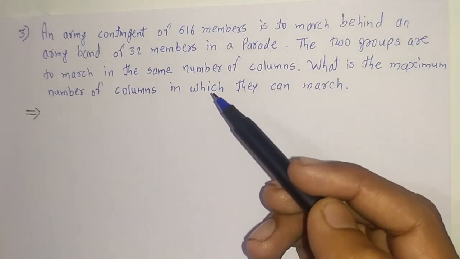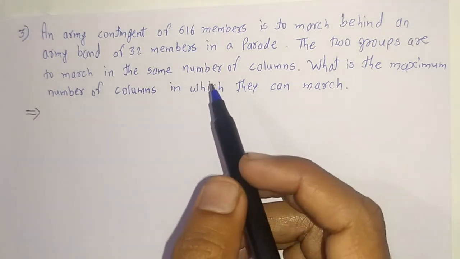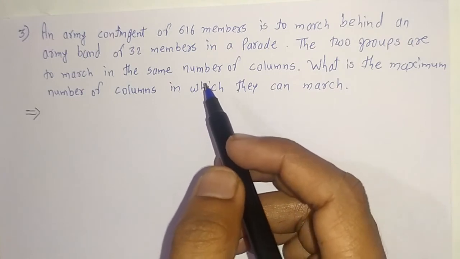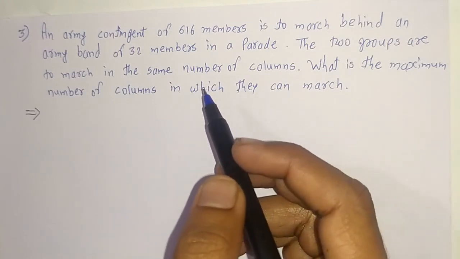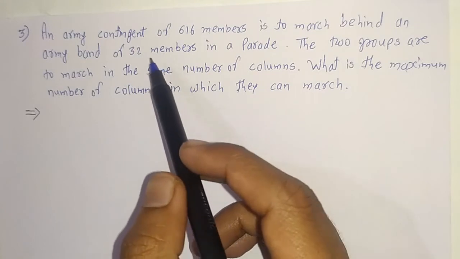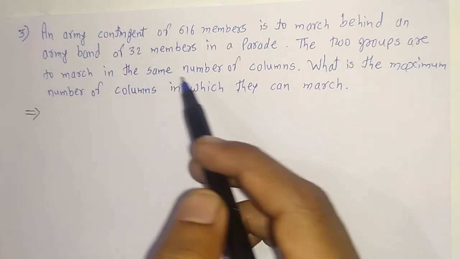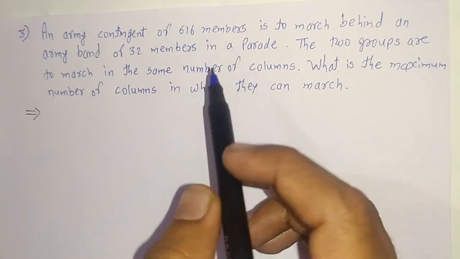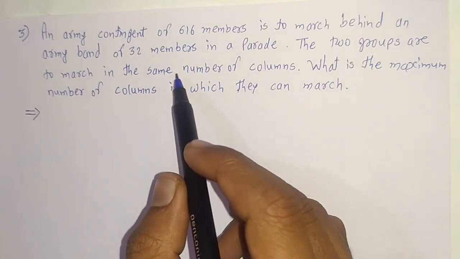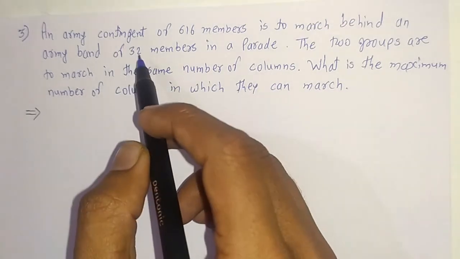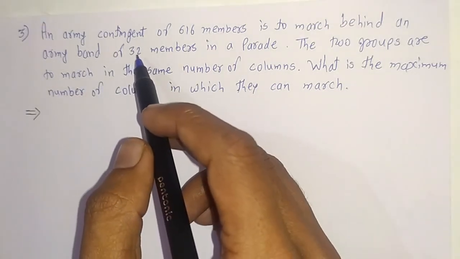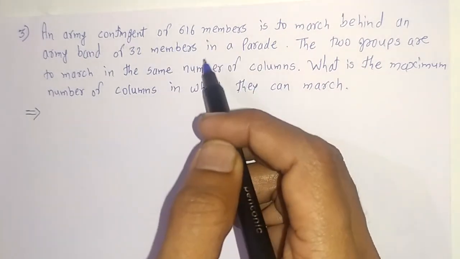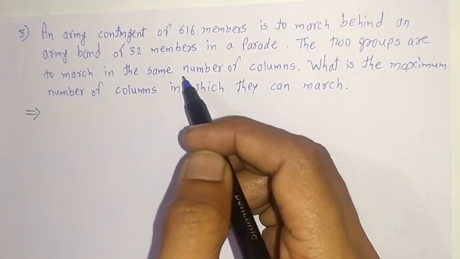So you know the army discipline. Generally their arrangement is in a very systematic manner. Here they have to move behind these 32 members, these 616 members. So the number of columns should be the same for these 32 members at the front and the 616 members at the end.